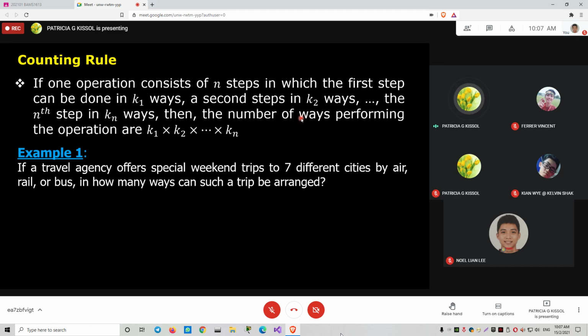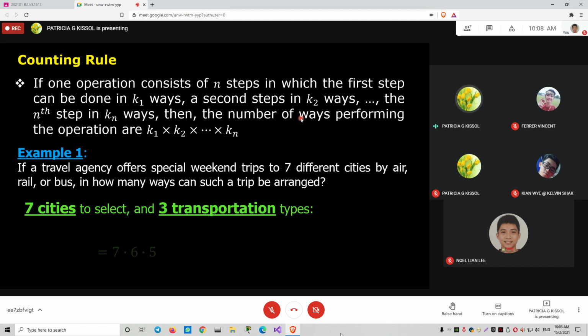So in this particular example, take note, 7 different cities, and you have 3 choices, either by aeroplane, by the train, or by the bus. So in this case, 7 cities to select and 3 transportation types. So what we have is 7, because you can choose 7 cities. After you have chosen one of the cities, there's only 6 more left to choose from.